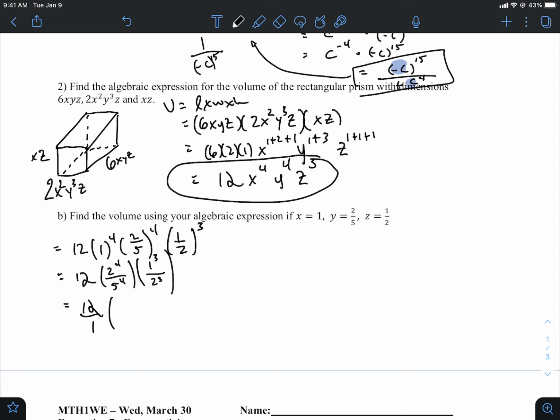Remember, 12 can be written over 1. 2 times 2 is 4, times 2 is 8, times 2 is 16. That replaces this. Does anybody know what 5 to the power of 4 is? 125 times 5. 625? Okay. So 16 over 625 multiplied against 1, because 1 cubed is 1, over 2 cubed, which is 8.